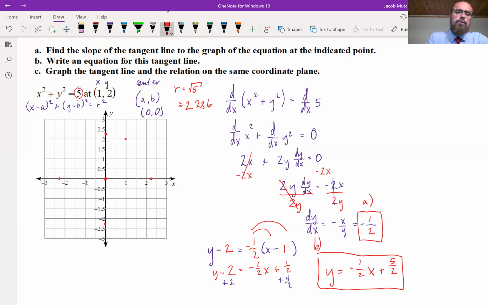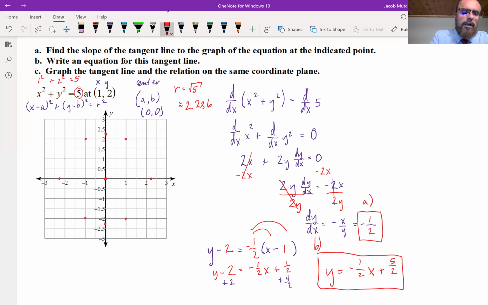So it's (1, 2), and I can see that because that satisfies this equation. 1 squared plus 2 squared does in fact equal 5. So I've also got that at (-1, 2), since the squaring would make that all positive, at (-1, -2), and (1, -2). So I can kind of see my circle appearing.